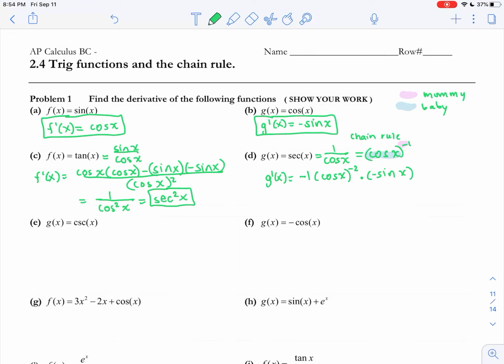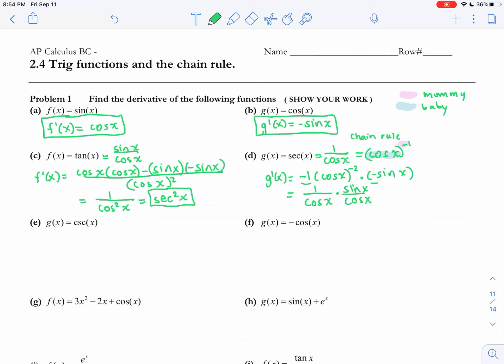And normally I would tell you guys to just leave it, but we're actually trying to prove what the derivative of secant of x is. So from there, we're going to rewrite it. The negative times the negative is positive, so we have a 1 over cosine of x, and what I'm going to do is change it so that it's the product of 1 over cosine of x times sine of x over cosine of x.